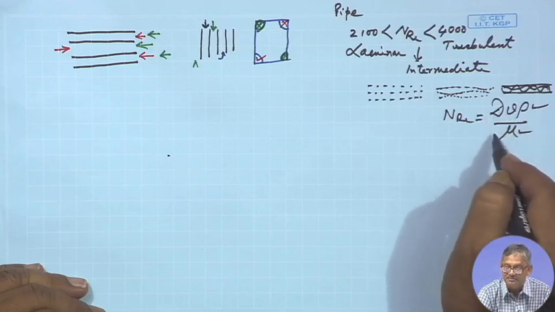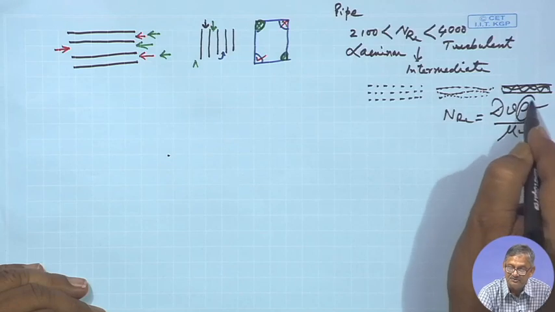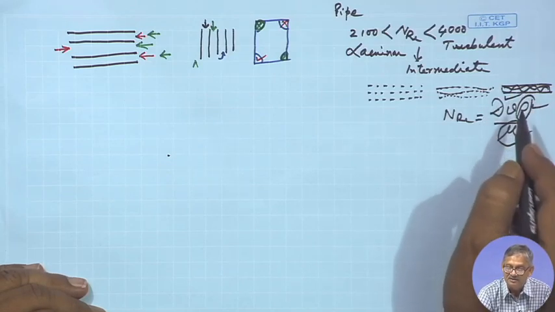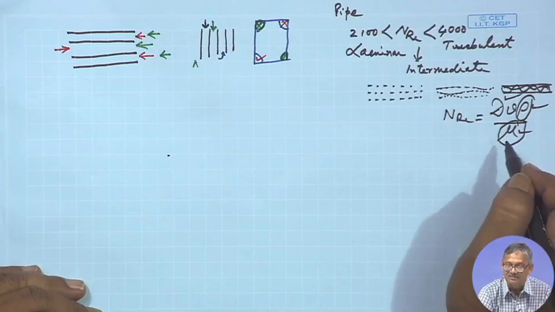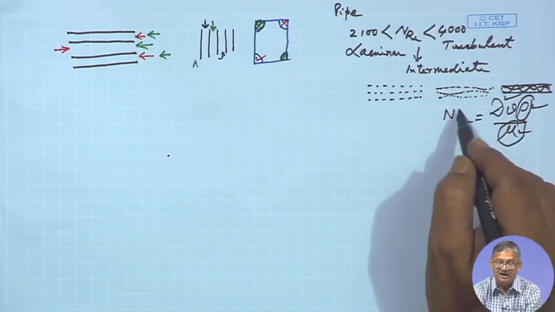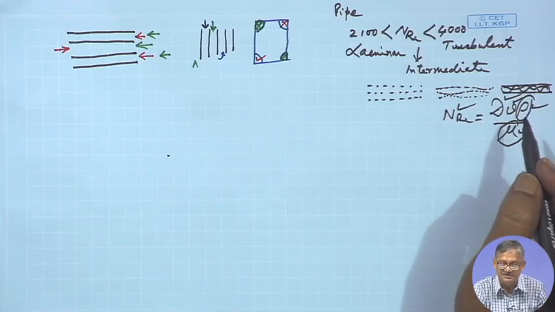So for a given d, the property values of the fluid can dictate either the Reynolds number or the velocity, or vice versa.